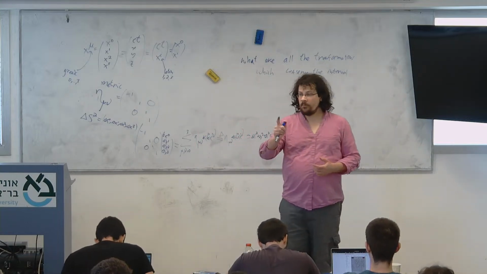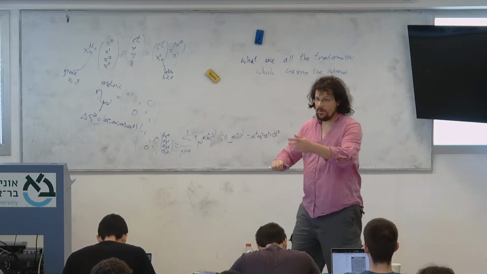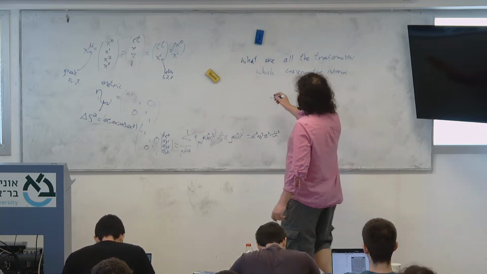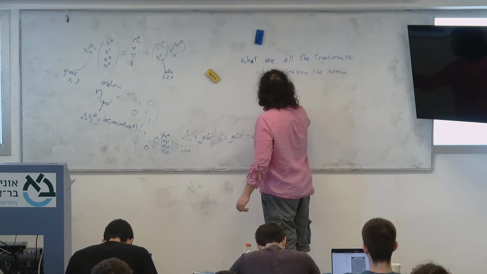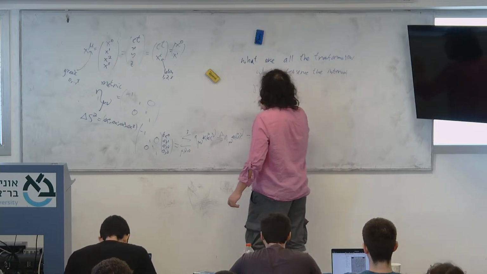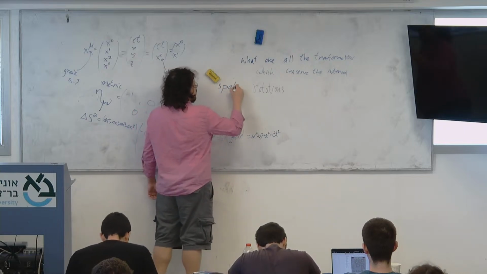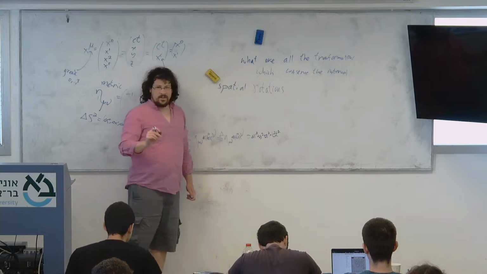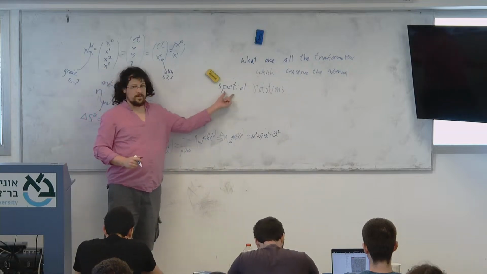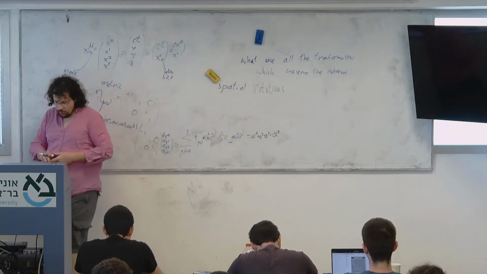You can rotate the spatial axis. I can rotate the spatial axis. So I have rotations. In GR we call them spatial. Not spatial as in special, but spatial as coming from space. Spatial rotations.